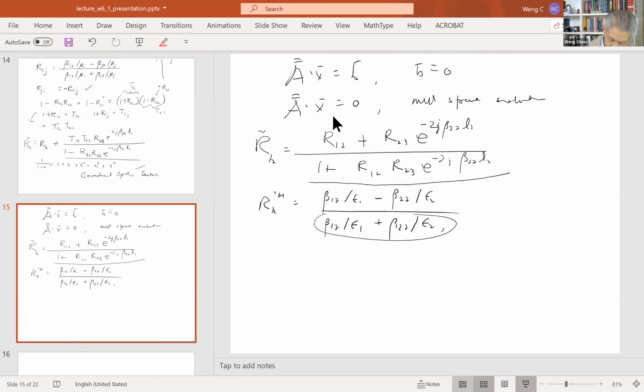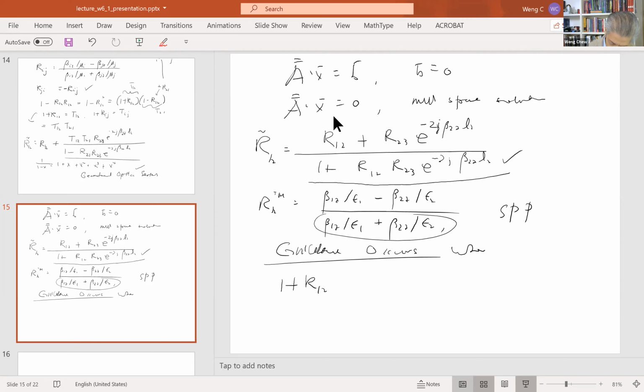If the denominator goes to 0, we have the guidance condition for the SPP, surface plasmon polariton. Similarly, in a layered medium, if the denominator goes to 0, then we would have a guided mode in the structure. So guidance occurs when 1 minus R21 R23 e to the minus 2j beta 2z L2 is equal to 0.